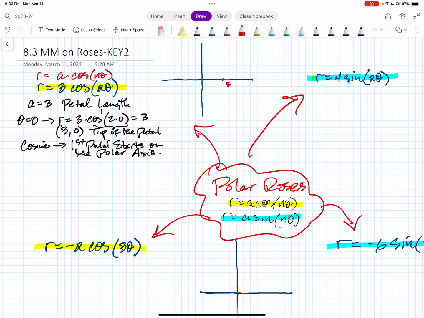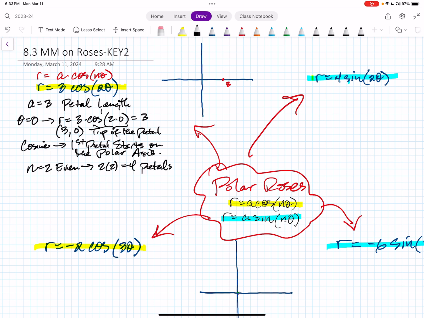The other thing you need to know about roses is how many petals there are. So here comes the n value. When n is 2, that's an even number, so I'm going to write down even. Whenever n is even, you have double the amount of petals, so 2 times 2, or 2n petals, which is 4 petals.